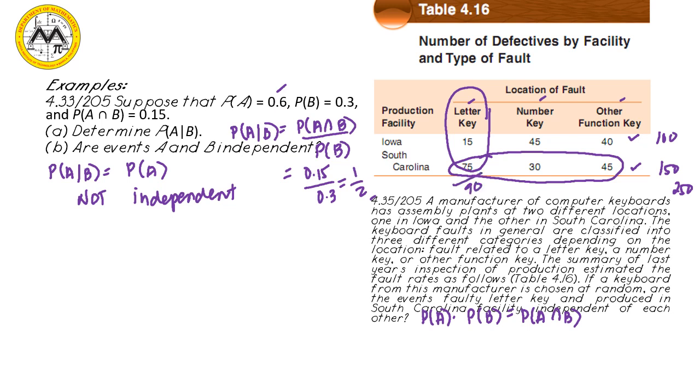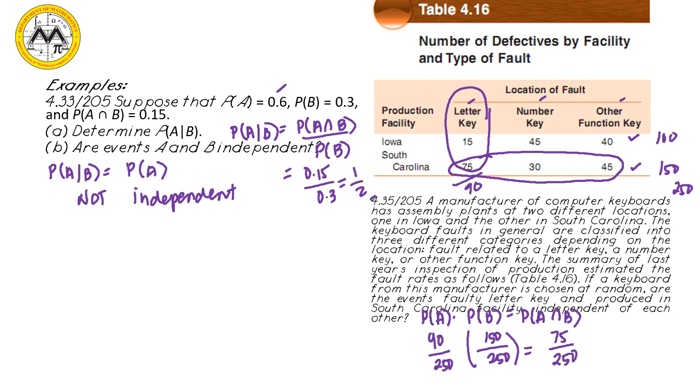P of A is 90 over 250. And P of B is 150 over 250. And their intersection is 75 over 250.